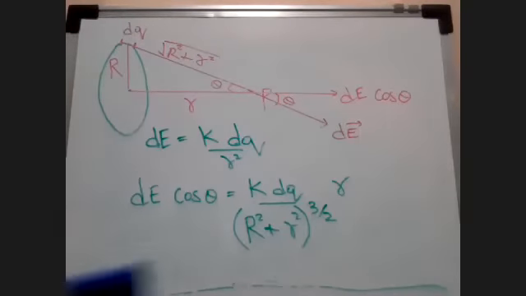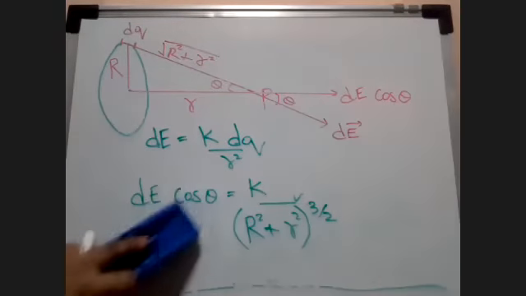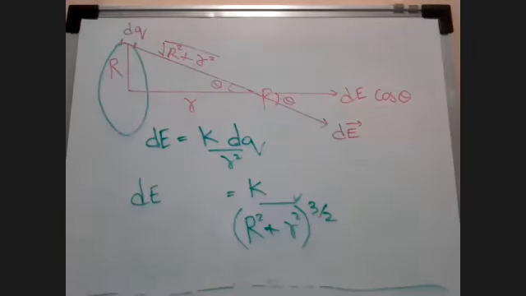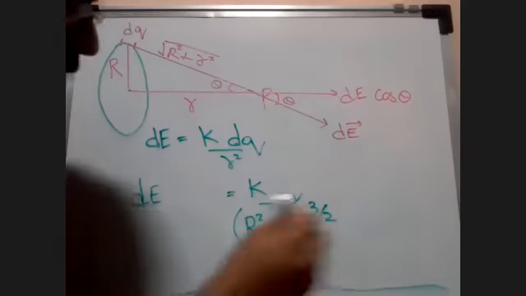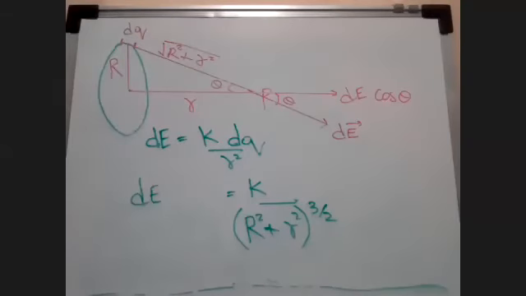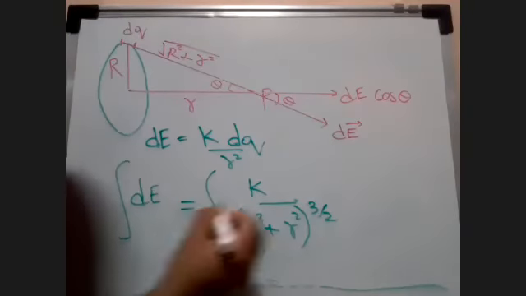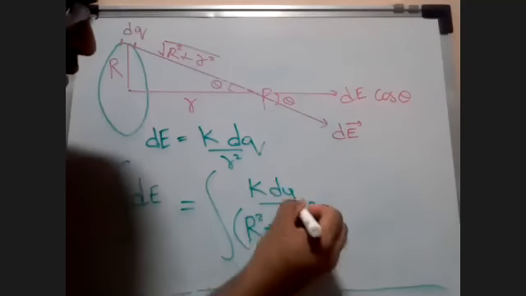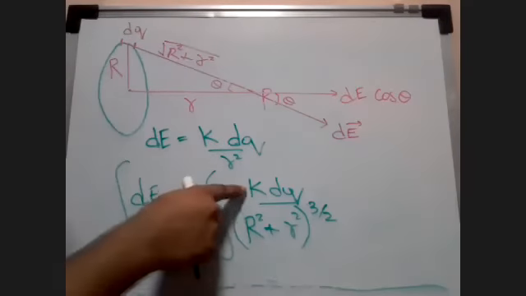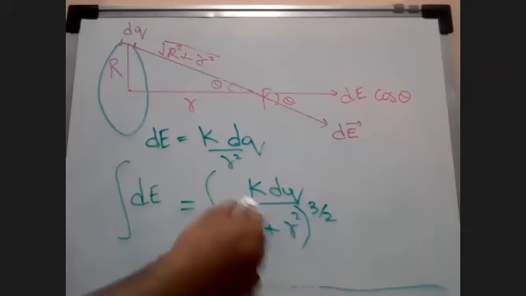Okay, I'm going to rub it off. We need to simply integrate dE, and that will be the integration of dq. Now considering the fact that k, R, and small r are constants, we will take them out.